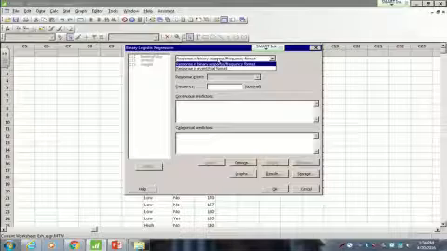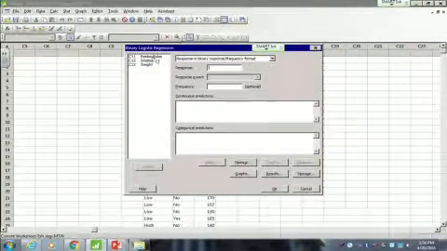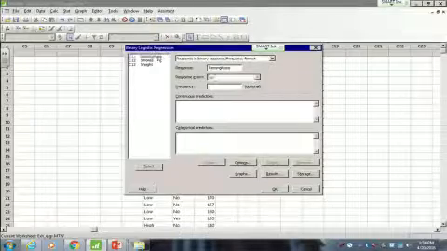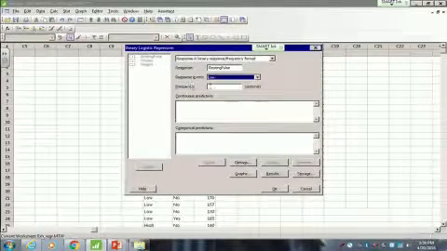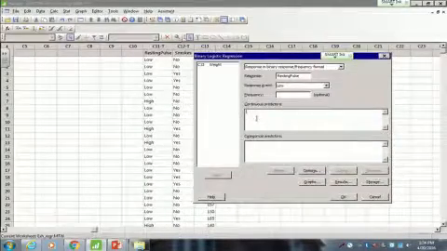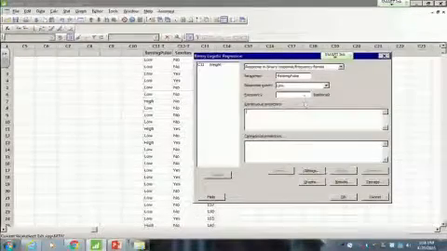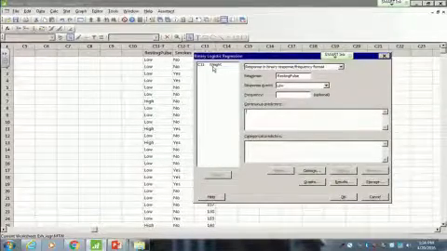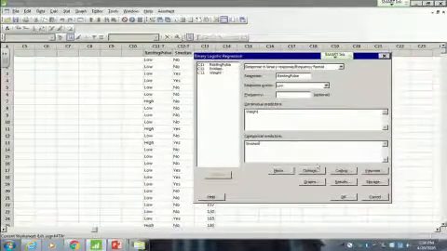By the way, we have the response in resting pulse, which is low and high. Frequency is for the case that, instead of having all data, you have the summary of data, you input the frequency here. So the continuous variable is weight, and the categorical variable is smoke. Okay?